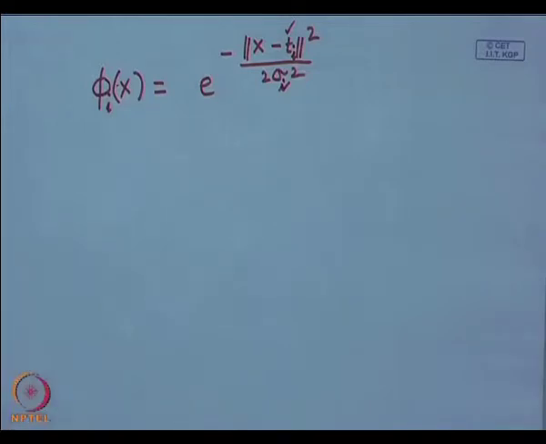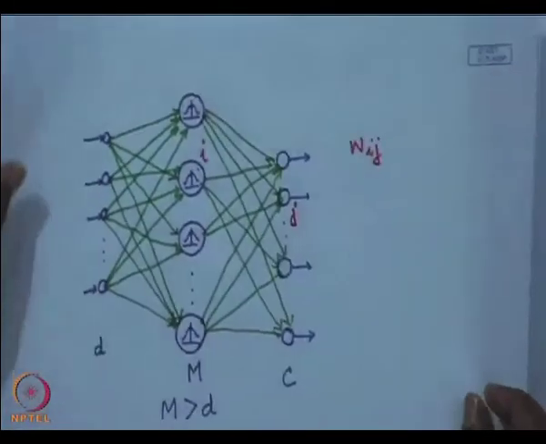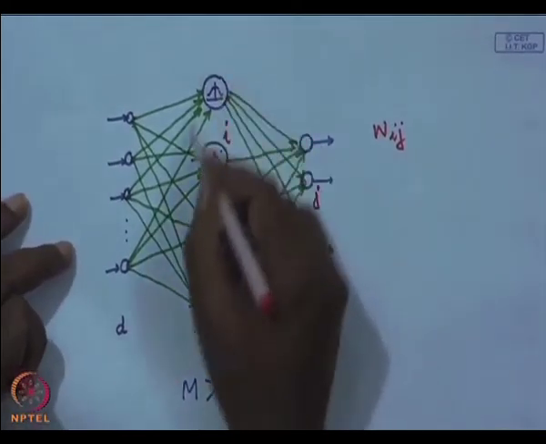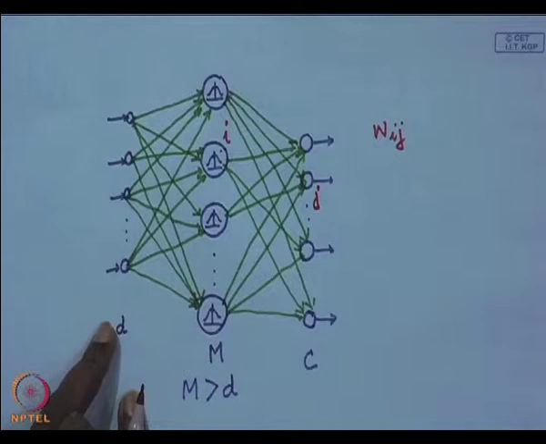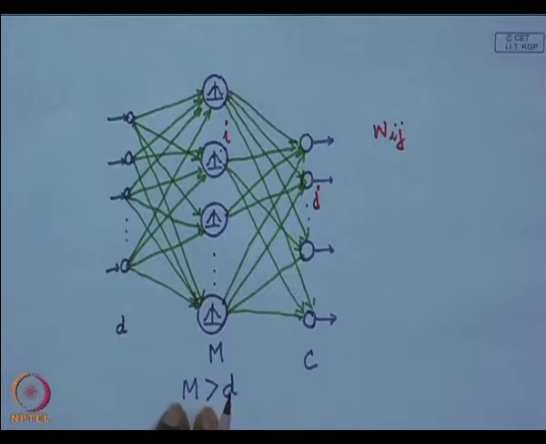And the second level of learning is, once through these radial basis functions, a d-dimensional feature vector is projected onto an m-dimensional feature vector. So, basically what we are doing is increasing the dimensionality of the feature vector.